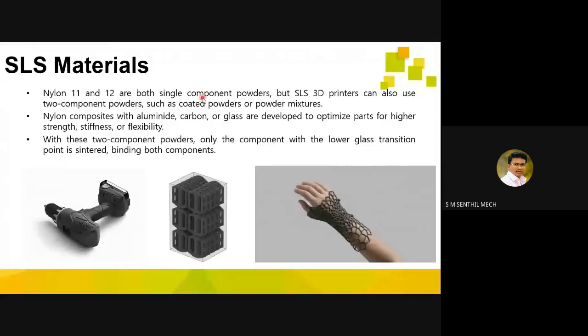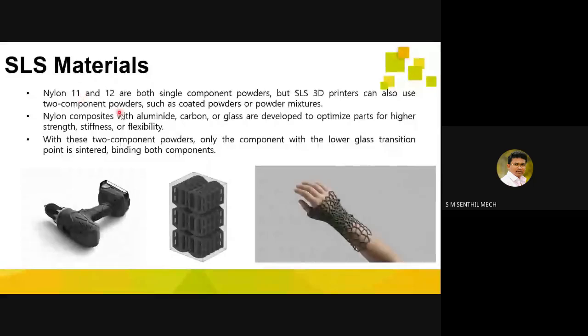Nylon 11 can be coated over nylon 12, as coated powders or powder mixtures, or nylon 12 can be coated over nylon 11. These are the varieties of ways in which you can manufacture the powders.